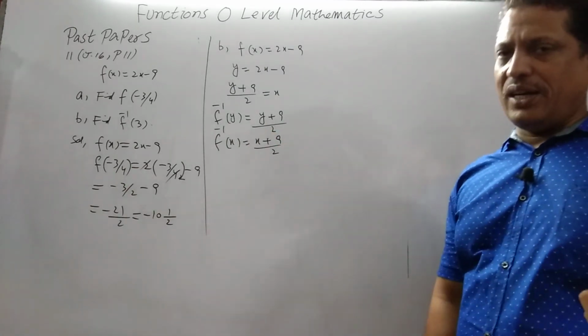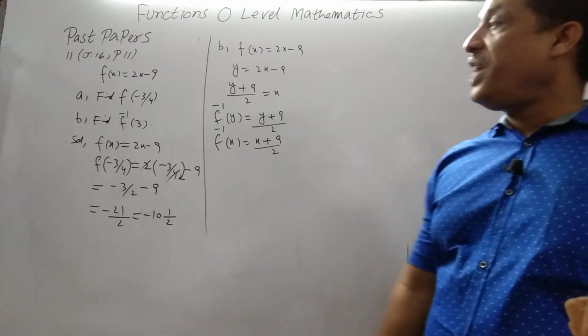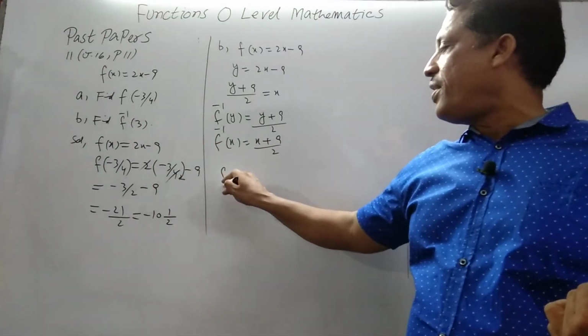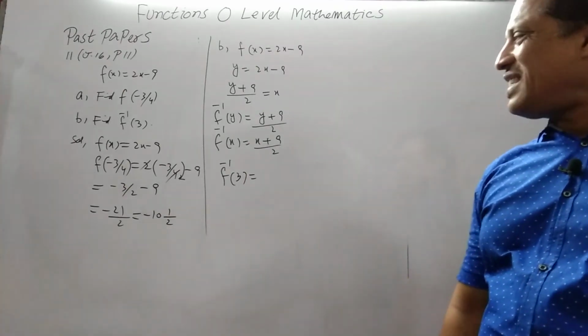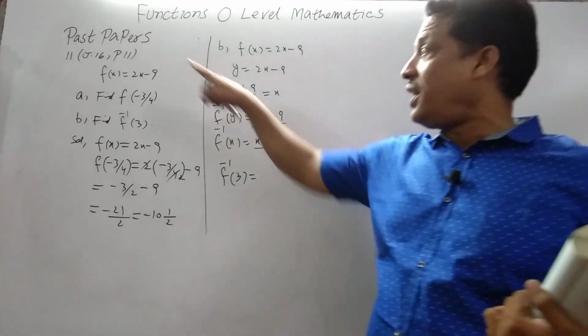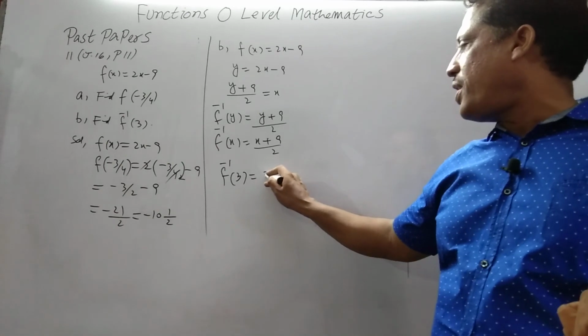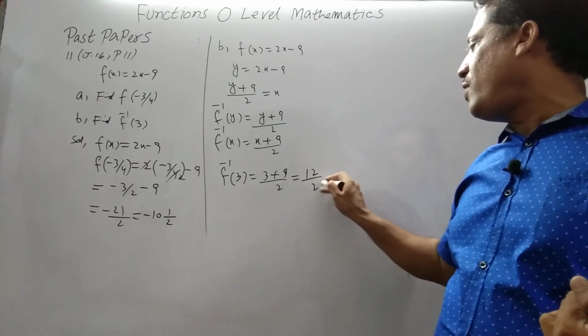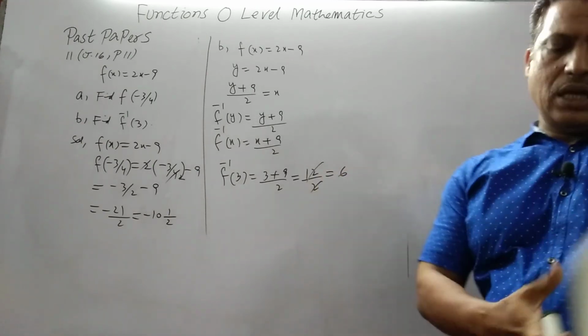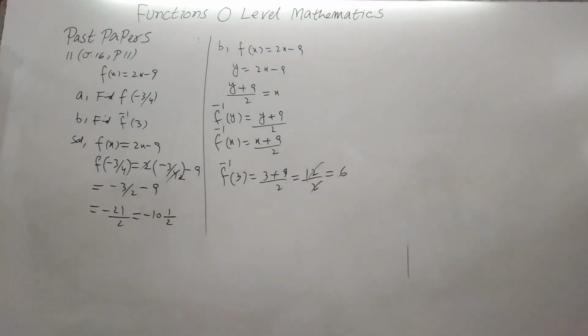But this is not our final answer, because we need to find f inverse 3. F inverse 3 means we have to put 3 where we see x in f inverse, not in f(x). So 3 plus 9 over 2. 3 plus 9 is 12. 12 upon 2 is 6. So 6 is the final answer. I hope you completely understand how we do this question.